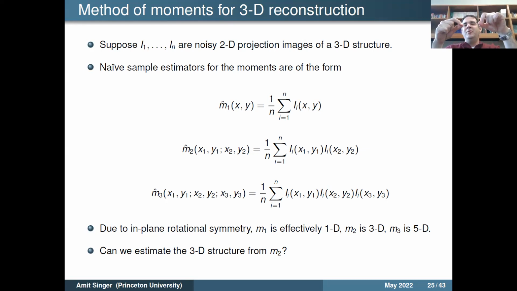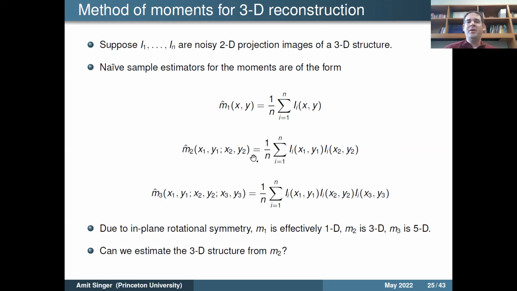Because of the slice theorem, equivalently, I could have multiplied the values of the 3D Fourier transform of the molecule with itself. And now when I do the summation over all images, every image gives me a different slice, but all slices are equivalent by just rotating over SO3.